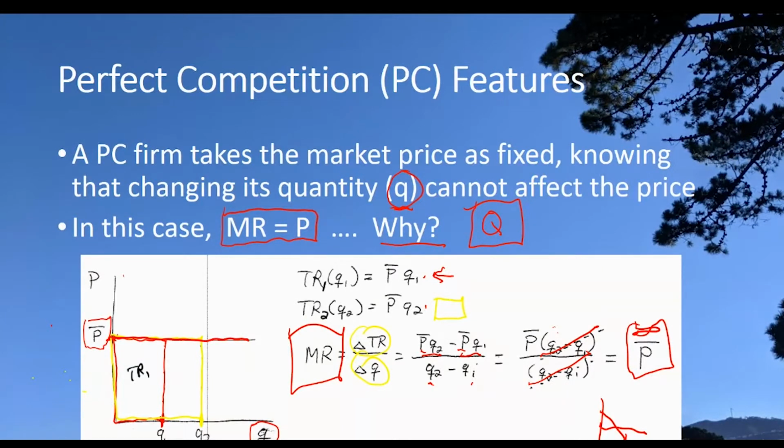The cost curve is U-shaped, marginal cost is upward sloping and crosses at the minimum. All of those assumptions are the same whether we're in a monopoly or in perfect competition. But because of the small firm assumption, it changes the way we analyze that particular diagram. That's going to be important to take note of.